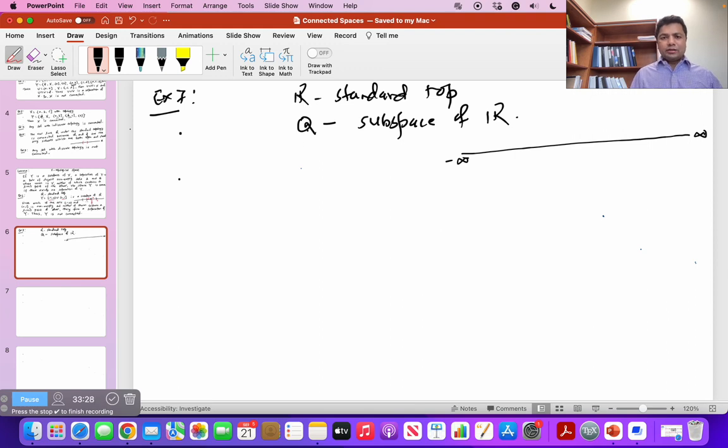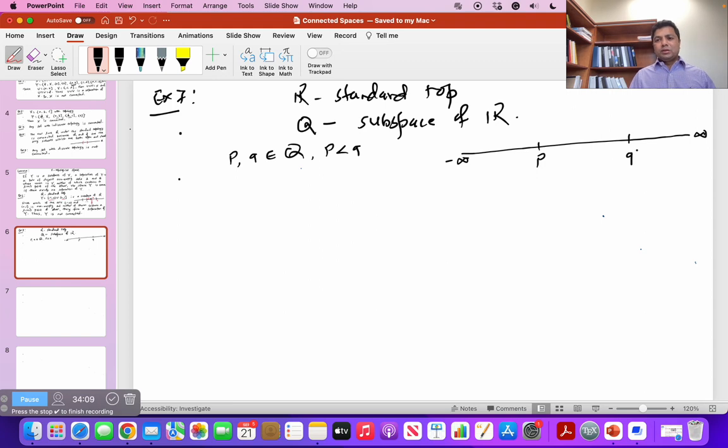If Q is not connected, then we need to find at least one separation of Q. To find the separation of Q, let's consider two rational numbers, p and q in Q, with p less than q, because two real numbers are always comparable. Let's say this is my p and this one is our q. We are trying to find a separation here.